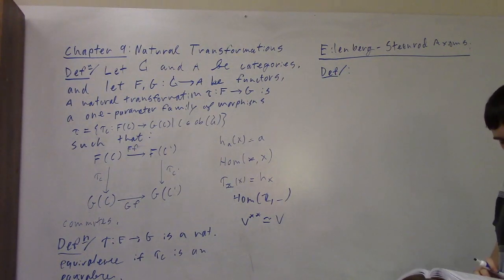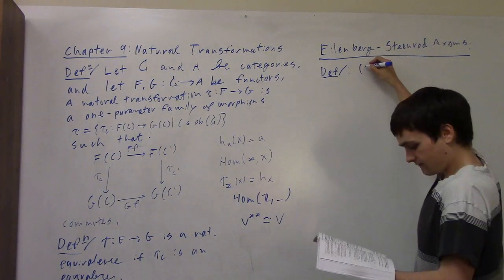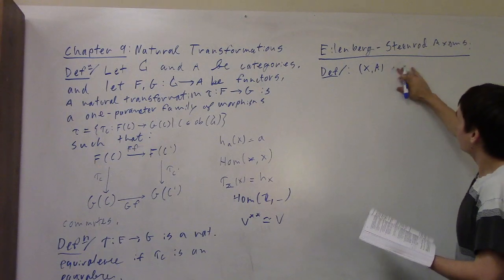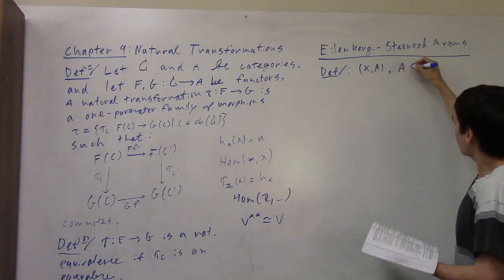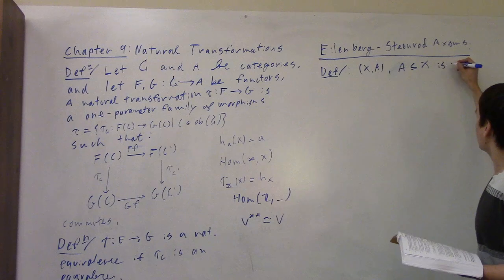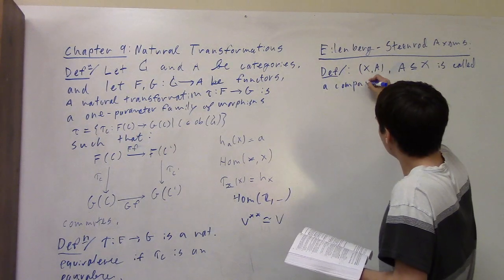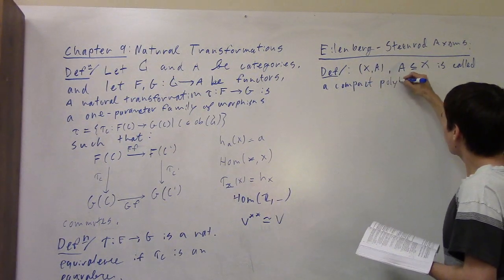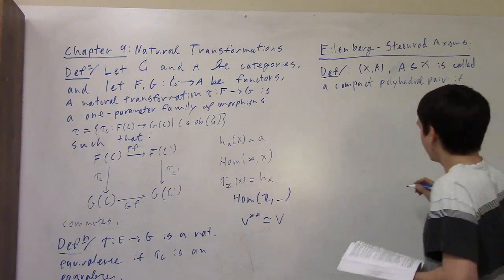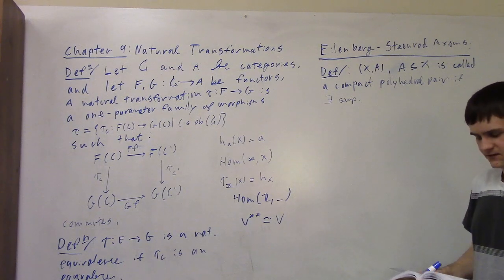I wish they would have given a more thorough exposition of it, but definition: a pair X comma A of spaces, where A is a subspace of X, so essentially something in Top squared, is called a compact polyhedral pair if there is a simplicial complex K, finite of course, but I think I mentioned earlier that everything in this book is finite.